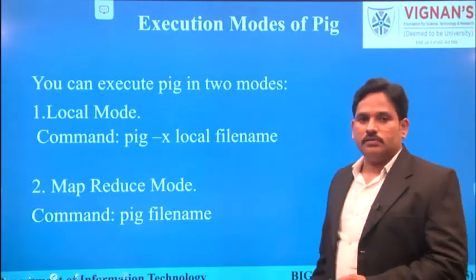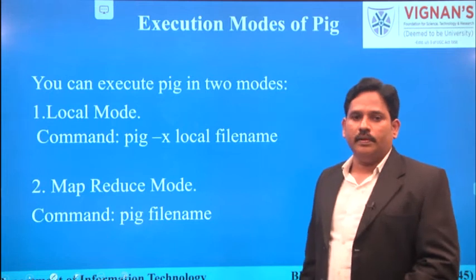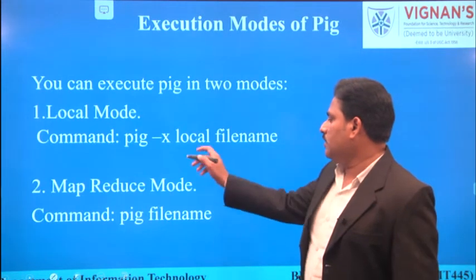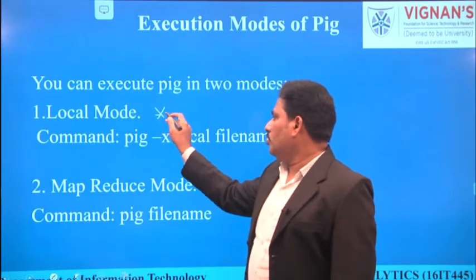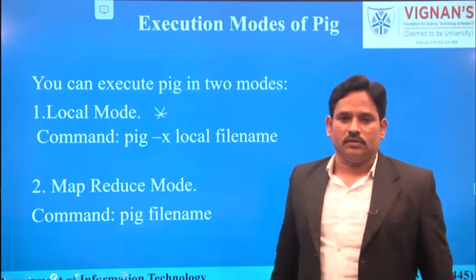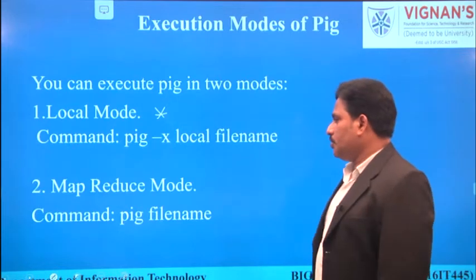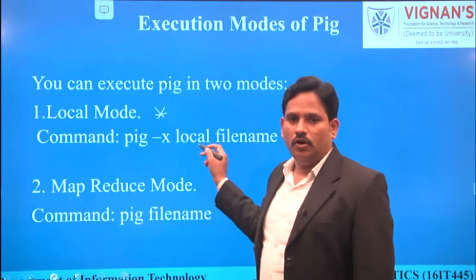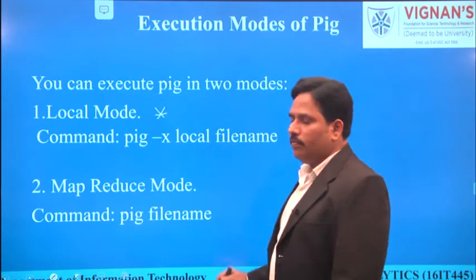Now, in how many ways can we execute Pig programs? There are two modes: one is local mode, the second one is MapReduce mode. Local mode means within the machine, within a standalone machine. The command is pig -x local followed by the file name.